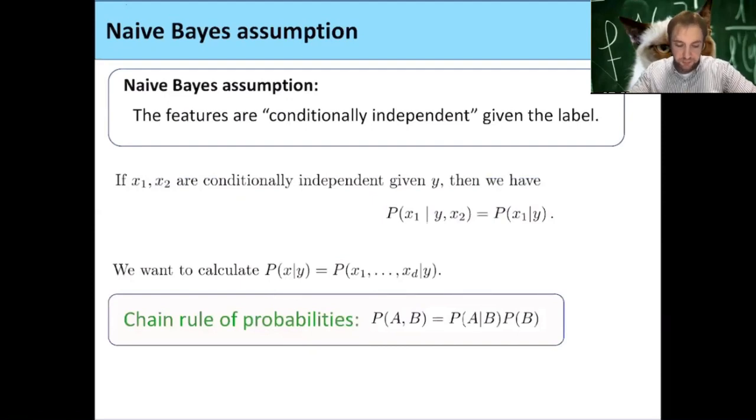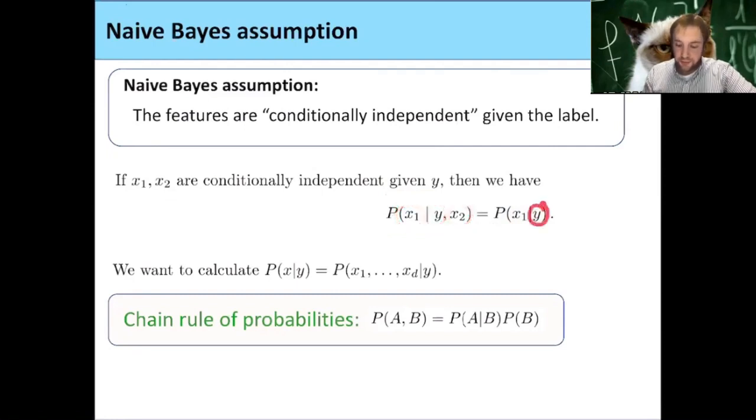So if I have two features which are conditionally independent, given y, then this means that the probability of the first one given y is the same as this given y and x.